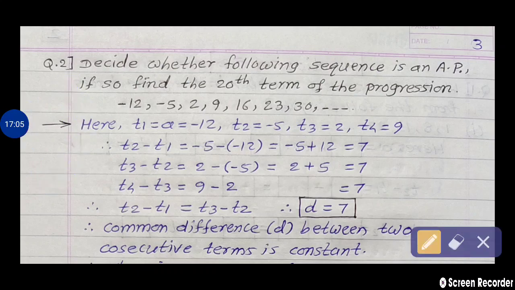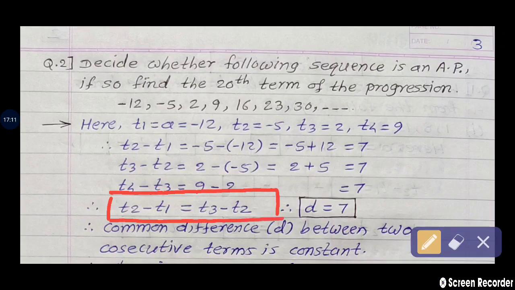After finding the difference, write this step. T2 minus T1 is equal to T3 minus T2, because all these differences are the same. Therefore the difference D is equal to 7. Highlight this.